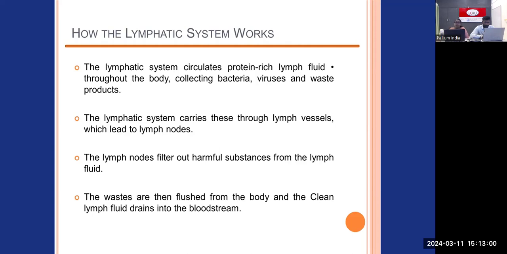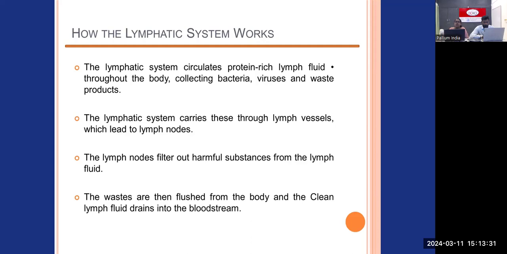Clear? Then from the lymphatic capillaries it goes to lymph vessels, because when the lymphatic capillaries absorb the fluid from the interstitial space, it goes to lymph vessels, and then it goes to lymph nodes for filtering out the harmful substances from the lymphatic fluid.